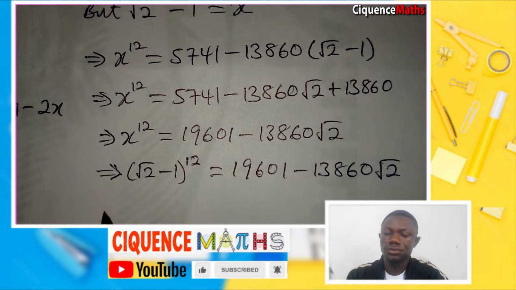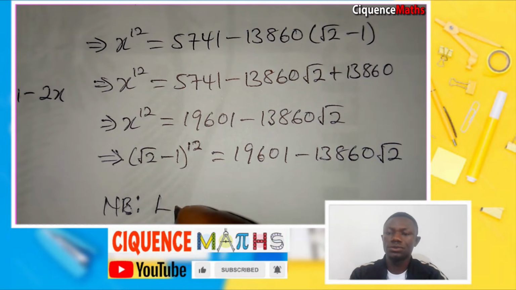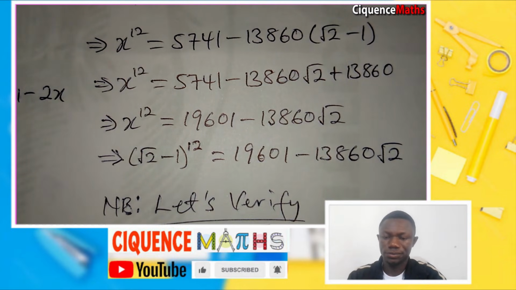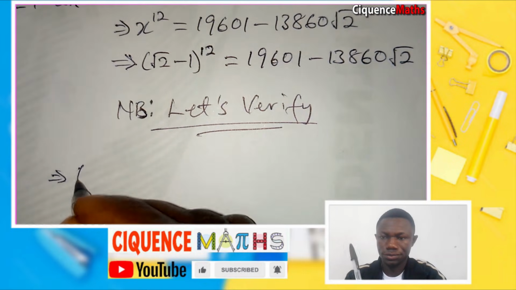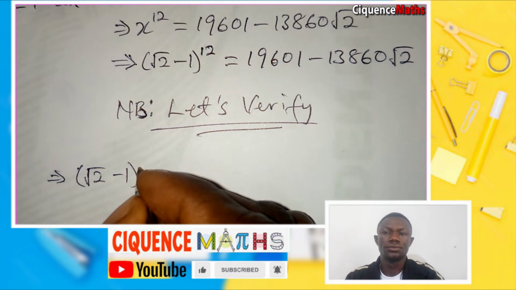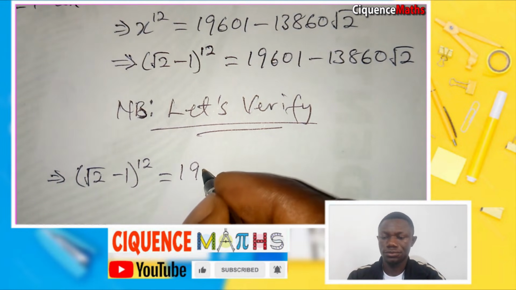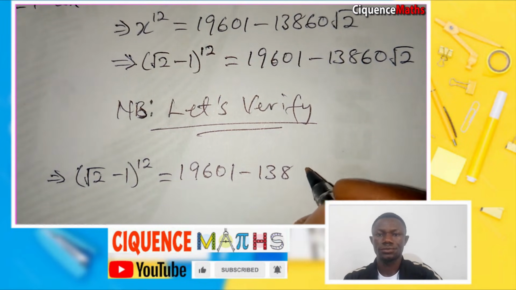Now let's verify whether this value is correct. Remember we were to solve this without using a calculator. So let's verify if root 2 minus 1 to the exponent 12 is equal to 19,601 minus 13,860 root 2.